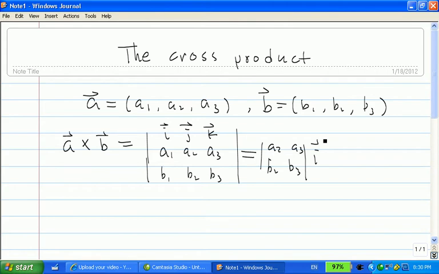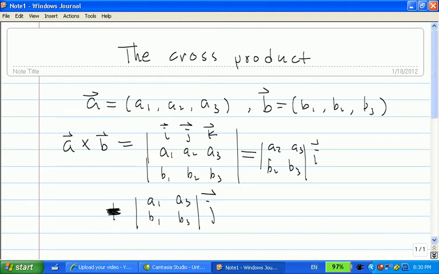That's a plus I. Then a minus. This time you cross out the first row and the second column, then you get a 2 by 2 matrix: A1, A3, B1, B3.